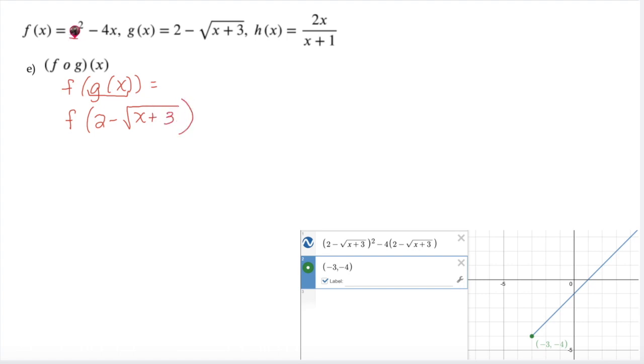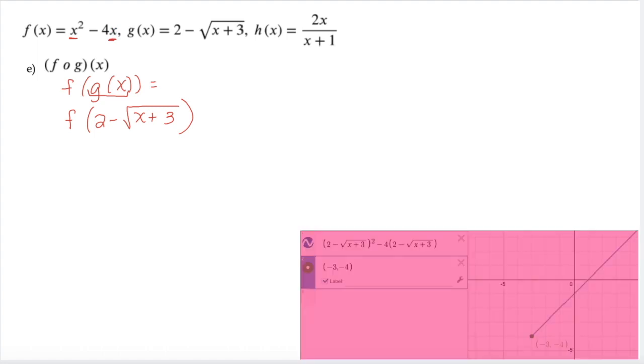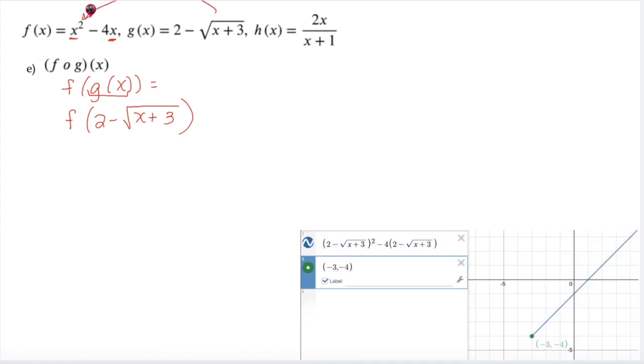So anytime I see x in my f function, I'm going to substitute whatever my g function is into it. So here and here. This means I will have 2 minus the square root of x plus 3 squared minus 4 times 2 minus the square root of x plus 3.